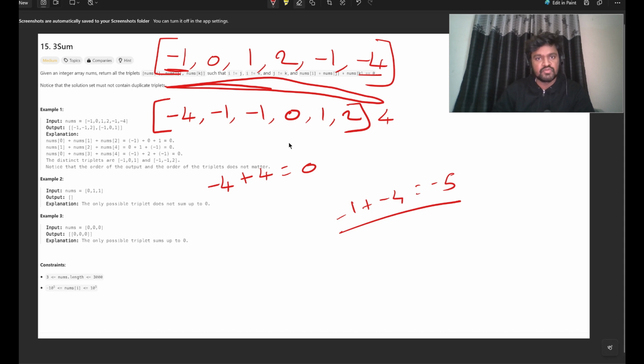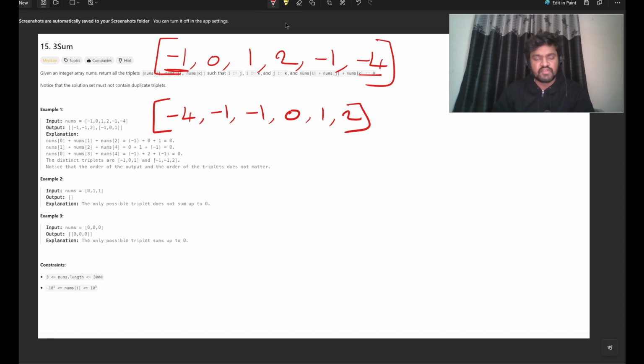So when you sort this array, you can neutralize the number very easily by taking an extreme lower number and an extreme bigger number. For example, here you have -4 and 5.